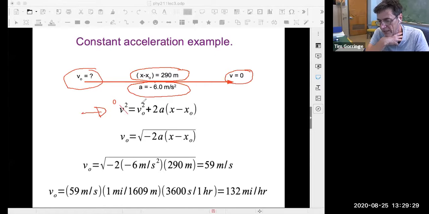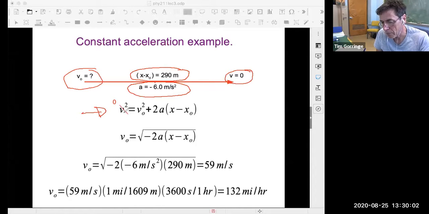The other case is if the initial velocity is 0, like when we dropped objects from rest, in which case this V naught squared goes away. So this equation is the parent of two simpler special case equations, either when an object stops, comes to rest, or when an object starts from rest. They're both embedded in that, and other things too.